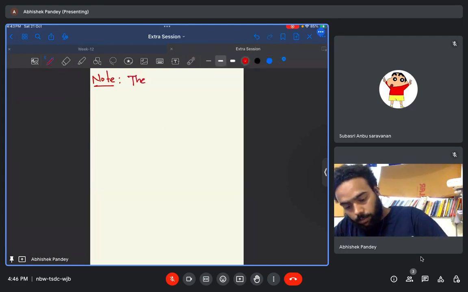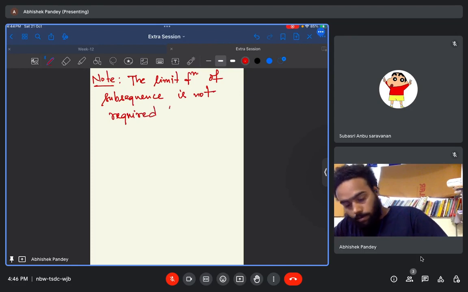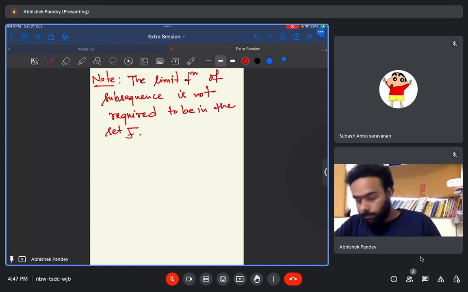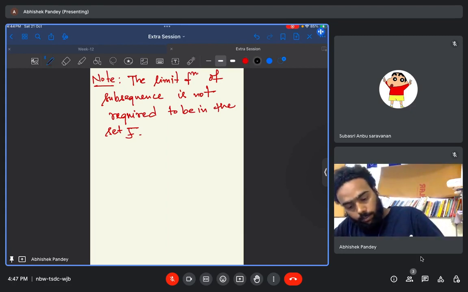So the limit function of a subsequence is not required to be in the set. Okay. Now let us talk about equicontinuity.